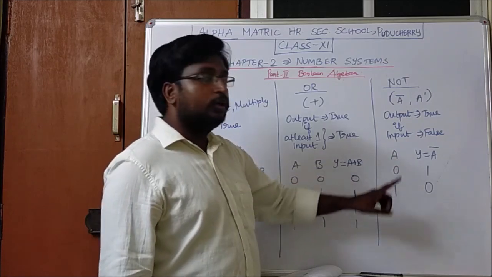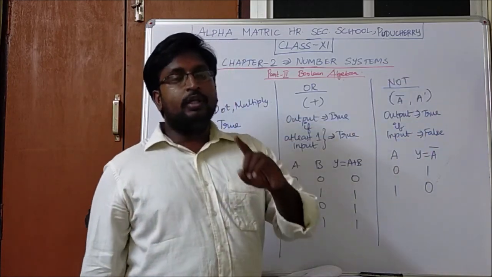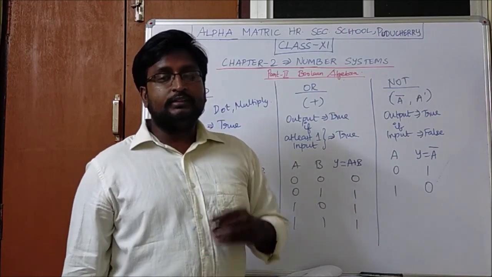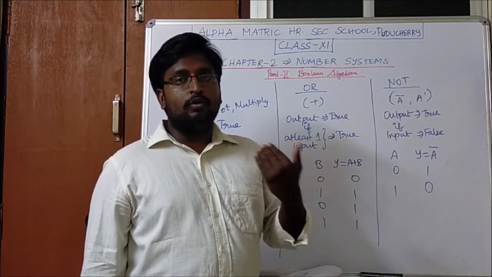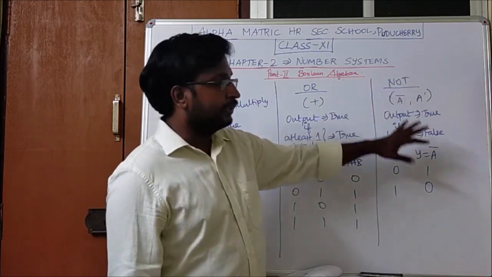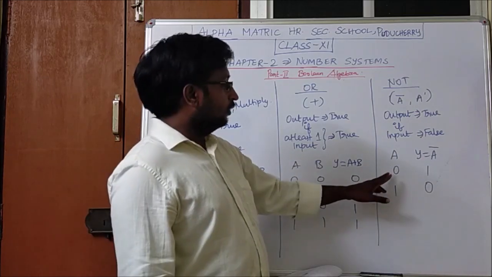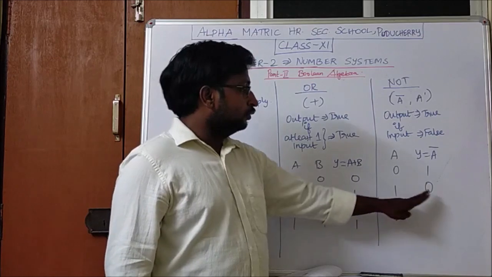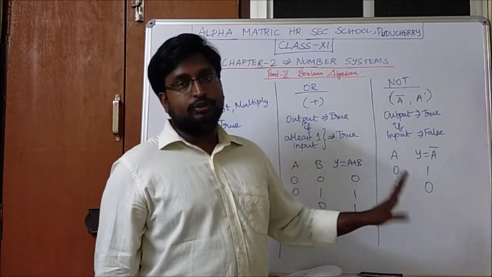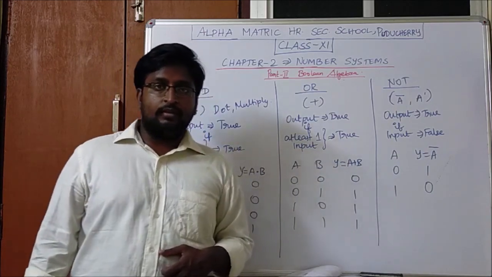Only for the NOT operator can we give just one variable, whereas in the other operators we can give two or more variables. If you give false, the result is true. If you give true, the result is false. That is the opposite. So these are the three basic logic operators.